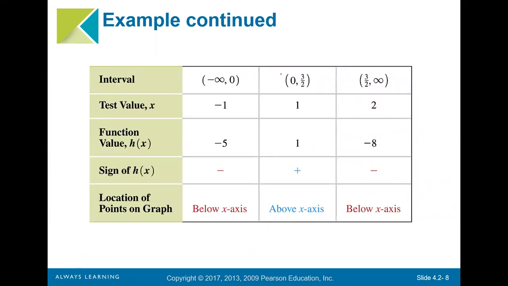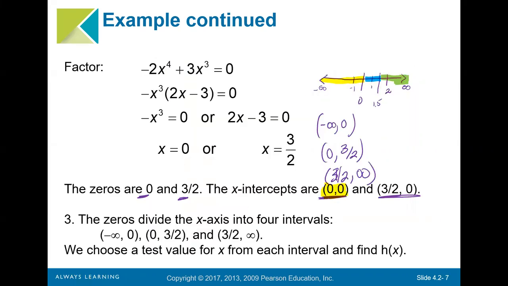Now, this is telling me, on an interval of negative infinity to 0, so let's go back to that. On this number line, if I pick some point between here and here and plug it in, I'm going to choose -1. You could have chosen -2 and so on. But let's check -1. If I plug in -1 here, that -1 squared, or to the 4th, because it's an even power, becomes positive.